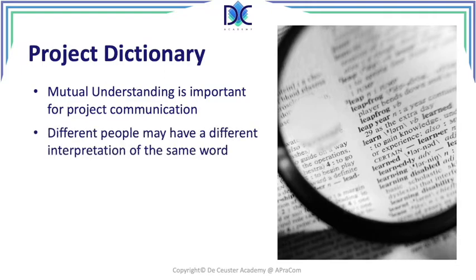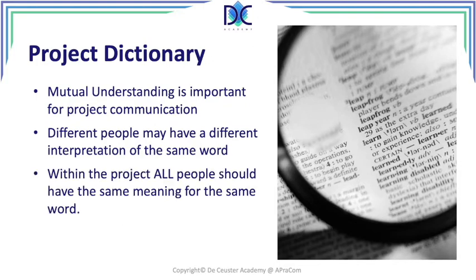Now, there are sometimes different interpretations of the same word, and you have to be sure that when a term or a word is used, you give the same value, the same meaning to that word, and that you both understand each other. Within the project, all the people should have the same meaning for the same words or expressions or abbreviations.